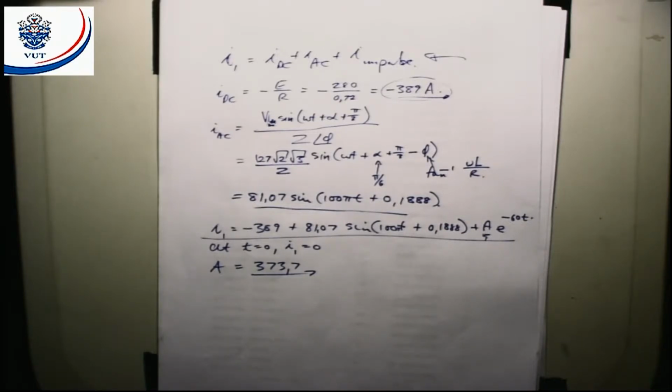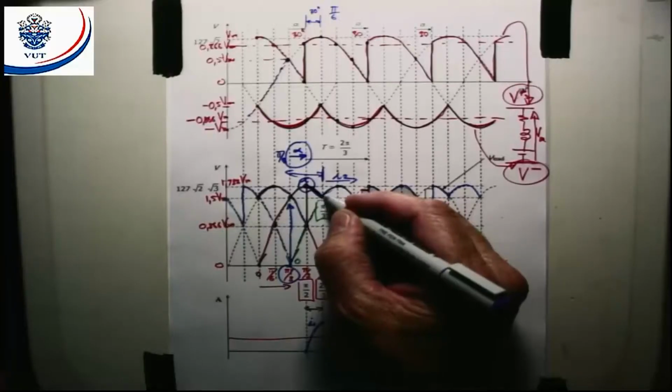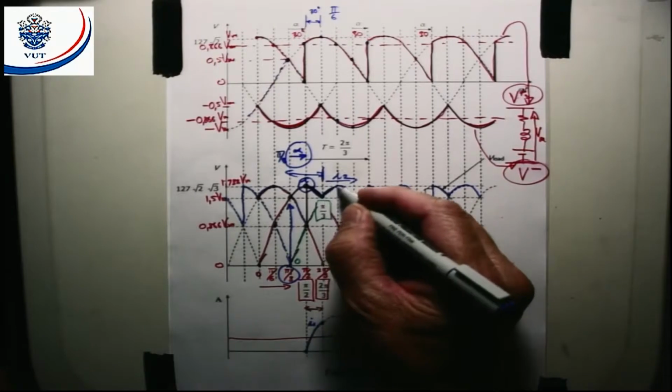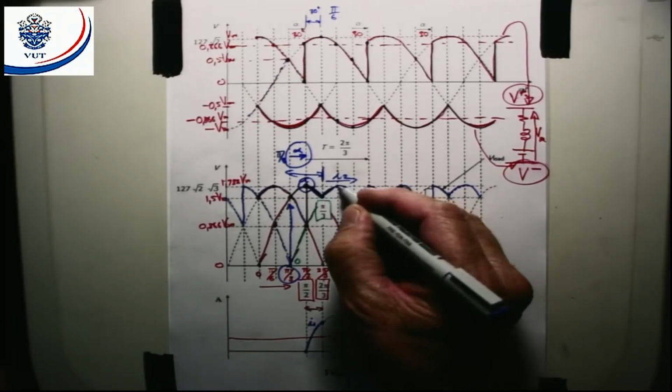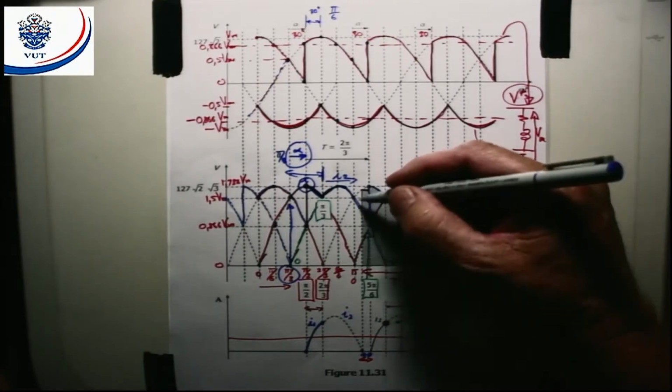Now the next cycle takes over right there. There's a change there. Then we're going to switch over to this line voltage.